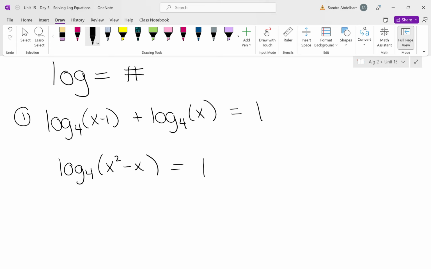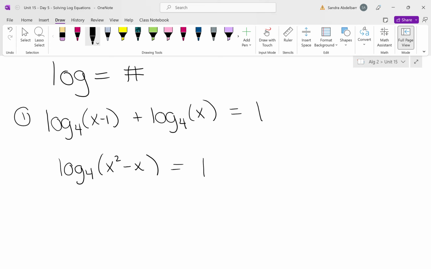Okay, the biggest mistake now is that people treat this as a log equals log. So they say x squared minus x equals 1. That's not the scenario. Is the 1 written as log base 4 of 1? No. So what we're going to do now is actually change this back into exponential.